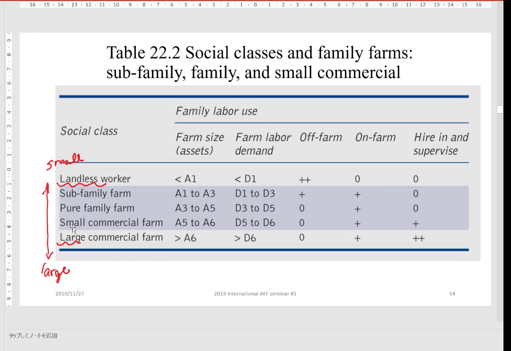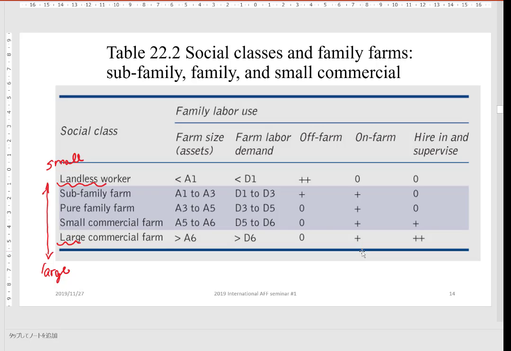Then the fourth one, the small commercial farm: no off farm, but mainly on farm, and partially a little bit of hiring in. And the last social class, the large commercial farm: their family labor is used partially on farm.